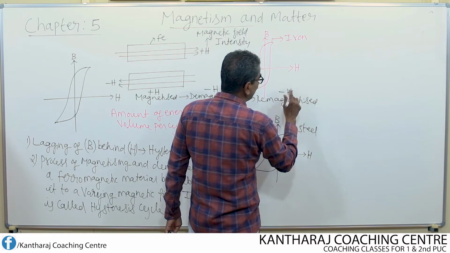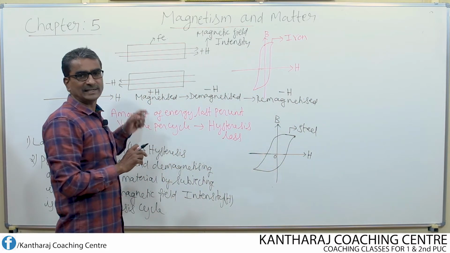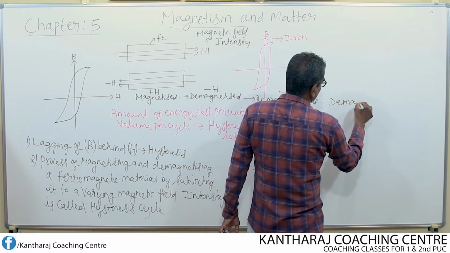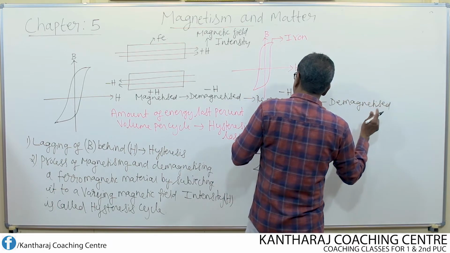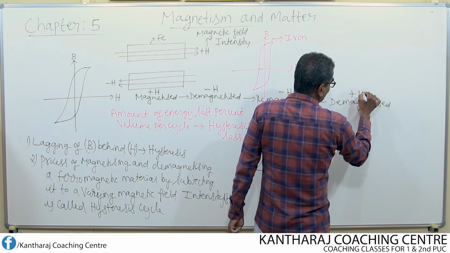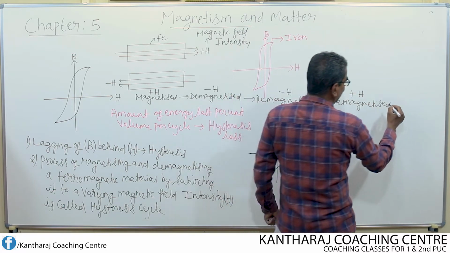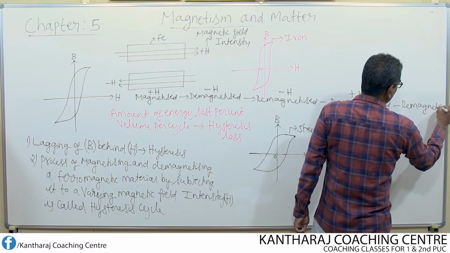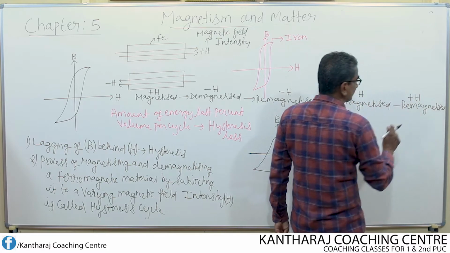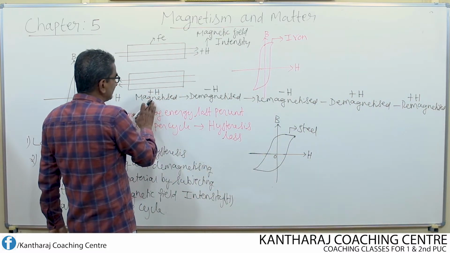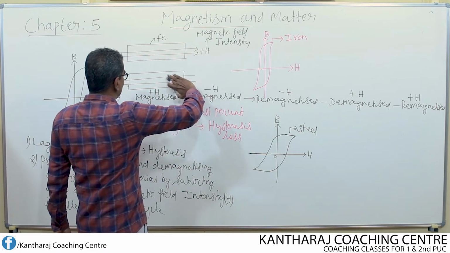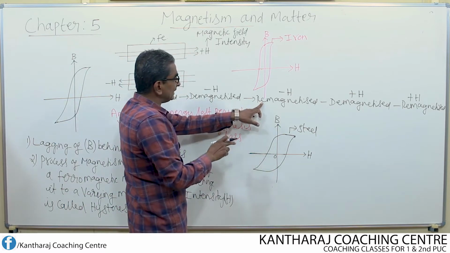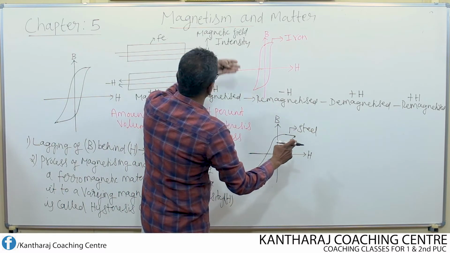Remagnetized by making use of the same negative field, that means negative magnetic intensity. Then again it is demagnetized by making use of positive H. Once again, finally, it is remagnetized by making use of the same positive H. So it is magnetized in the positive direction, demagnetized in the negative direction, remagnetized in the same negative direction, and again demagnetized by applying the field in the positive direction.